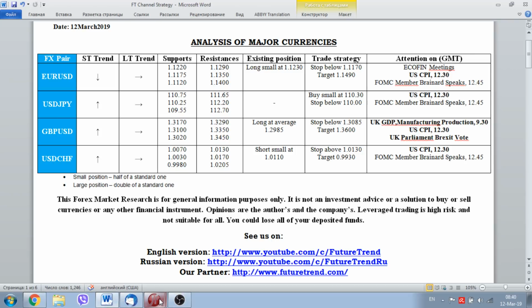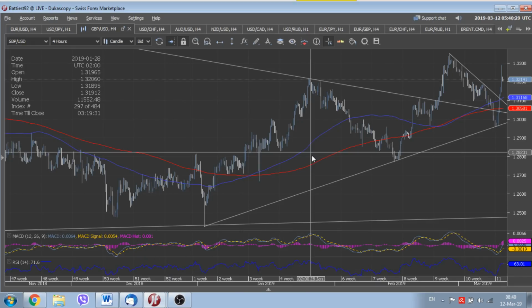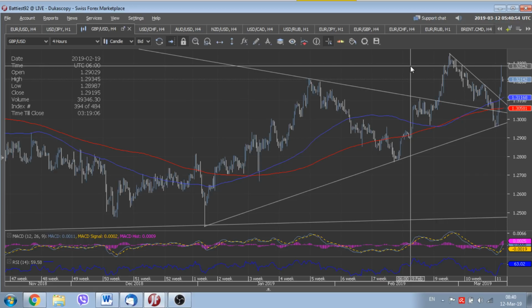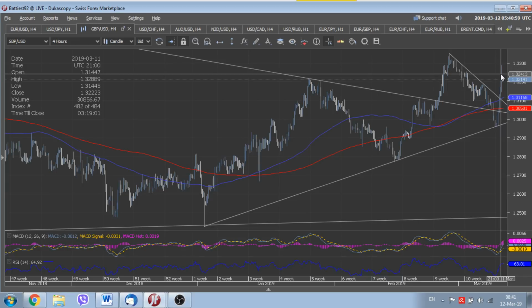For example, if we see the behavior of the British pound, the cable, during the previous trading session, you remember in the morning the pair tried to close below its immediate uptrend line located at 129.60, but after that we witnessed a strong rebound in the price of the UK currency, which took it as high as 132.90 at one stage.